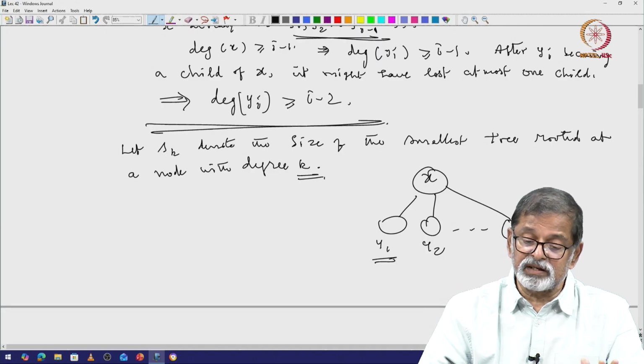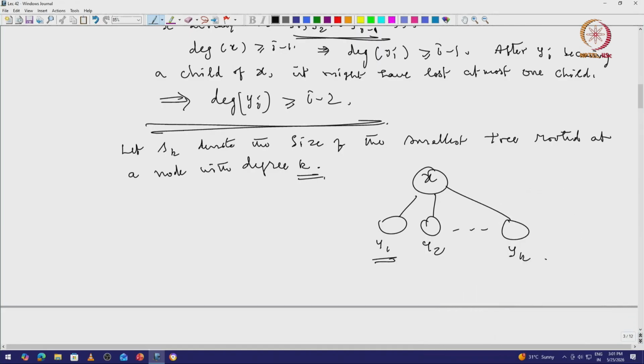This has at least, as per the notation, S1 nodes, this has at least S2 nodes, and this has at least S(i-2) nodes, yi. This has at least i minus 2 nodes.